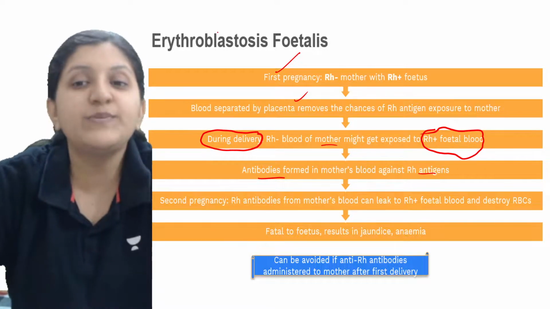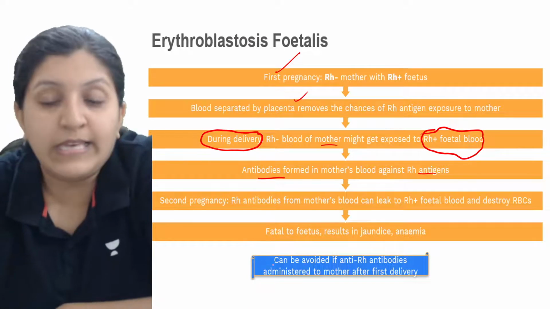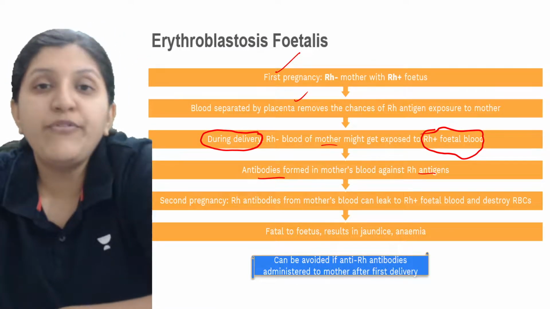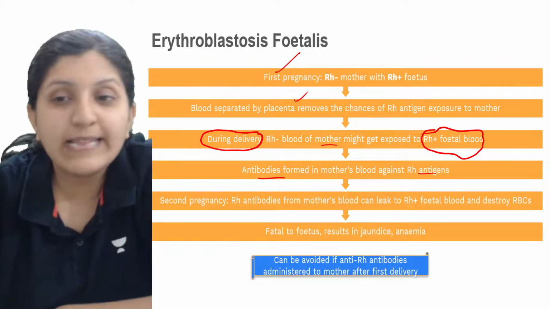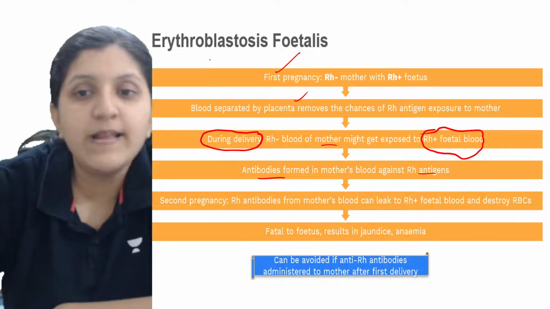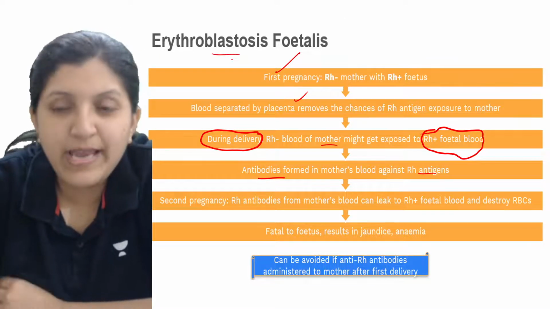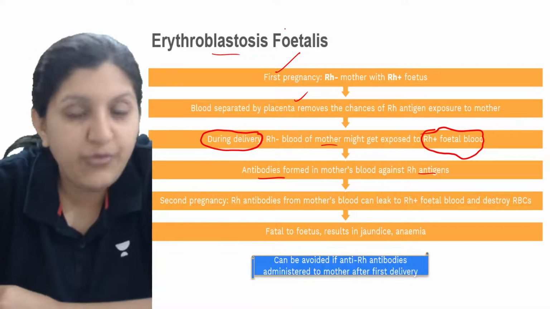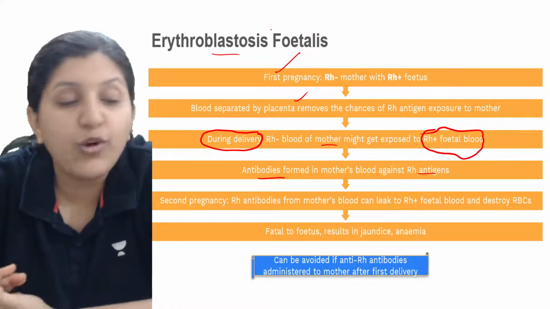That is by killing all the generated antibodies well in advance before the delivery. That is how erythroblastosis occurs, by the dying of the RBCs in the fetus, so it can even lead to death of the fetus.